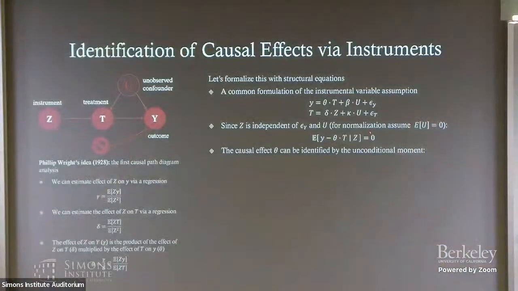So then from this equation, we can go to an unconditional moment restriction by multiplying this residual with z. This is still going to be equal to 0 unconditionally by the tower law. And so we can get what the coefficient theta that we care about is, which is this ratio, which is exactly what Philip Wright concluded.